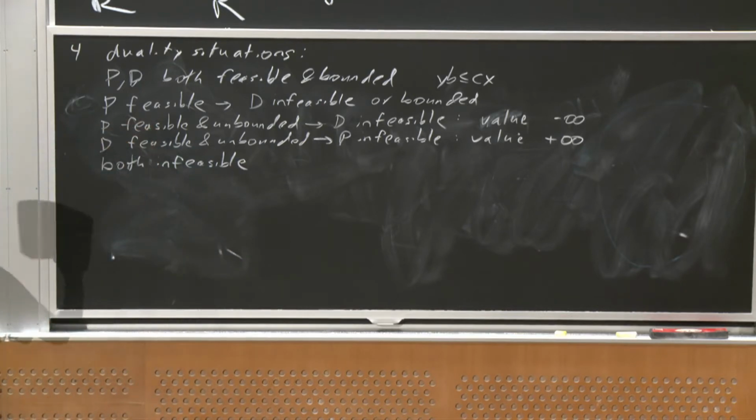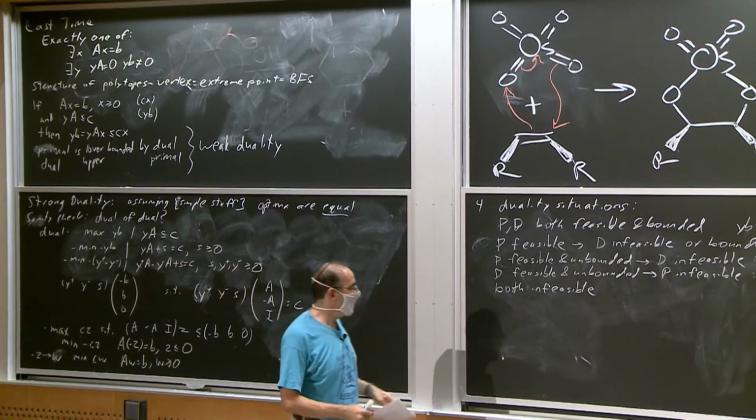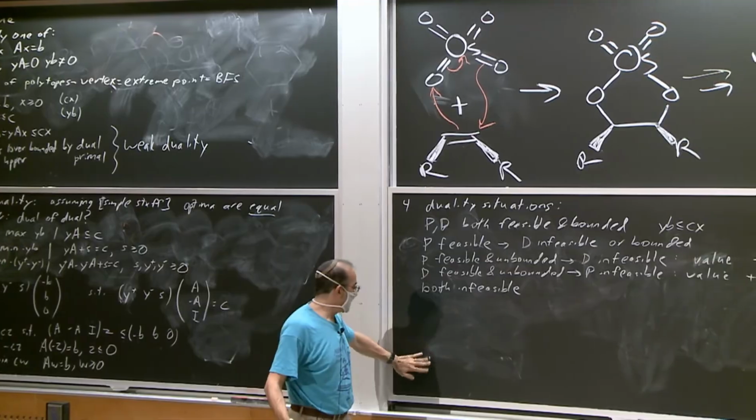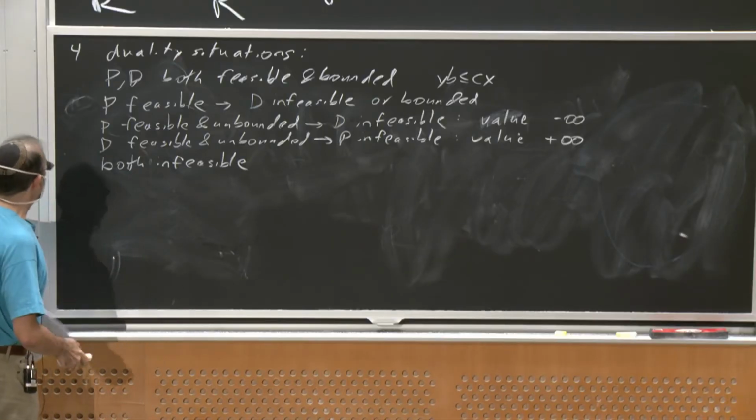Okay, and hopefully we don't run into those because they're not very useful, right? But they don't really fit into our notation. There isn't a value that really makes sense if you want to talk about them both being infeasible. Okay?